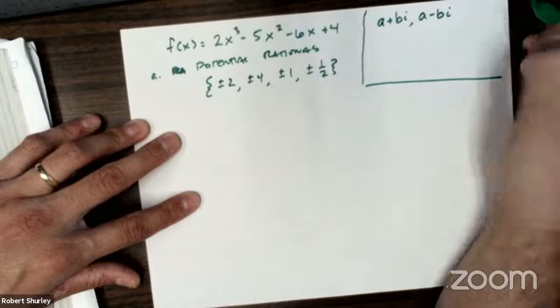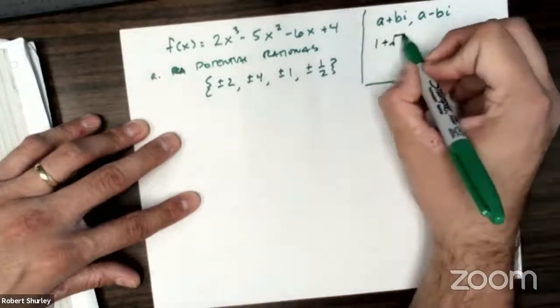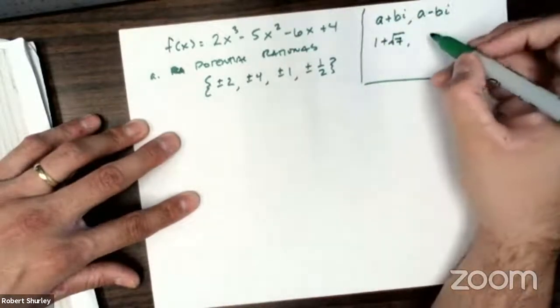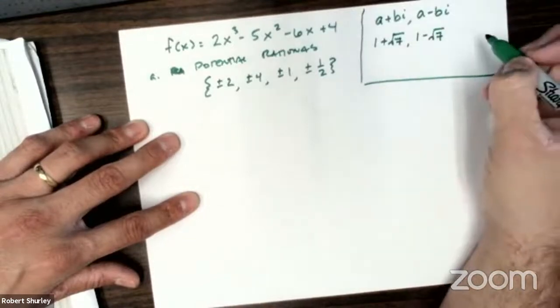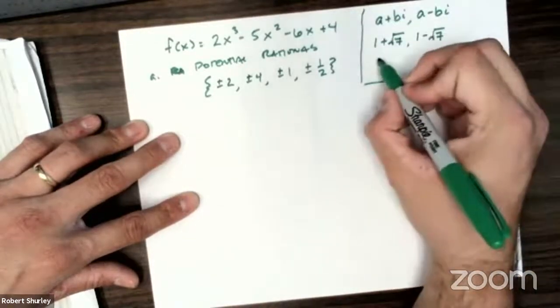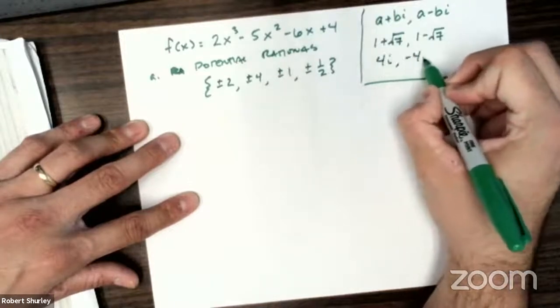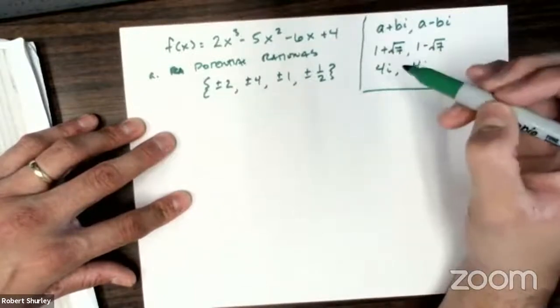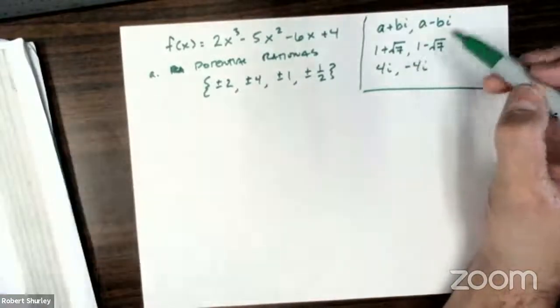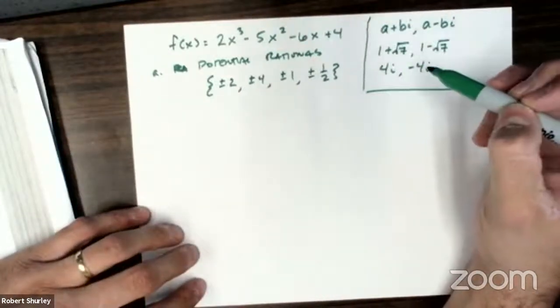The same thing is true with square roots. If it was 1 plus the square root of 7, it's always going to have a pair of 1 minus the square root of 7. Or like 4i and negative 4i. If we have irrational zeros, they're always going to occur as a pair.